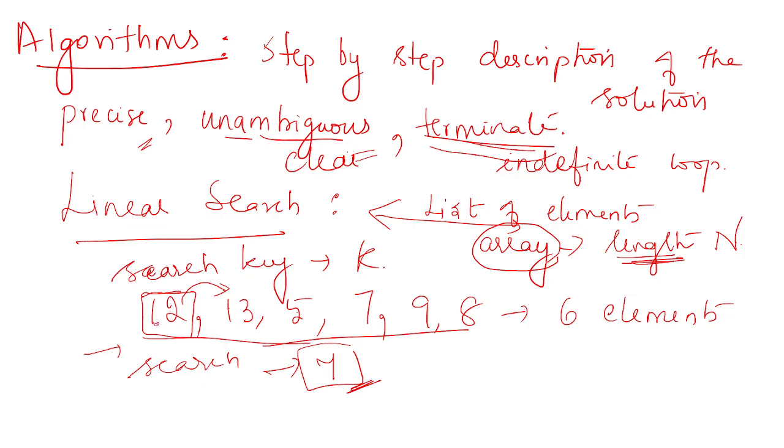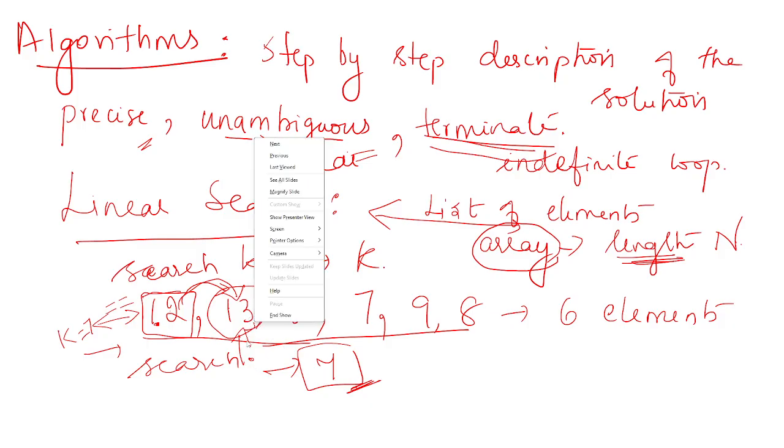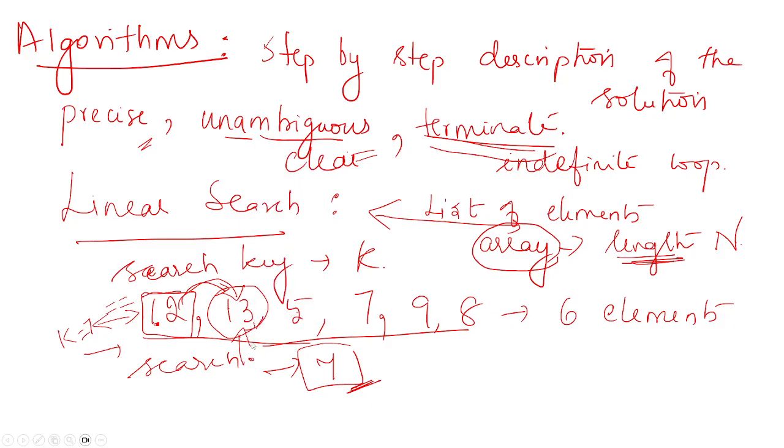It will come to position number 1 and compare the search key, k, which is equal to 7, with the element. It checks whether they are equal. If not equal, the iteration continues to the element at position number 2, and again the search key is compared with the value in the second position. In our case, again it is not equal.